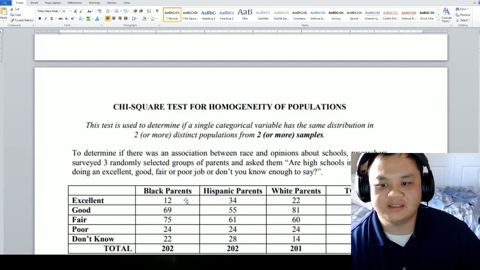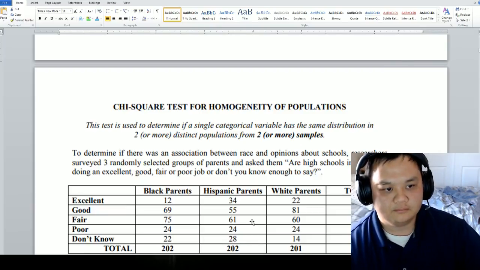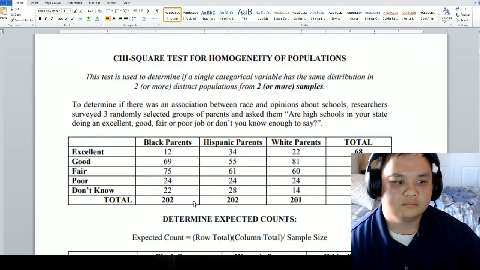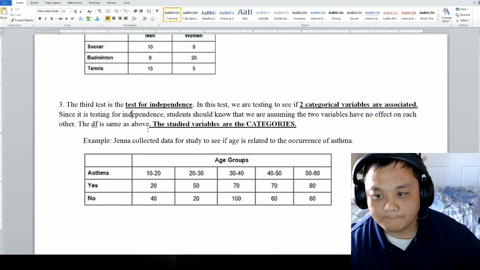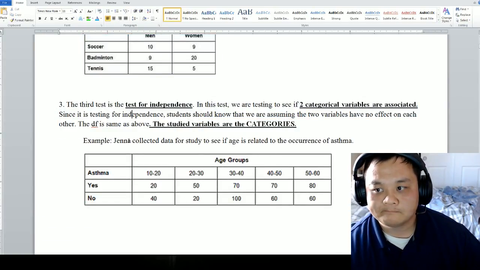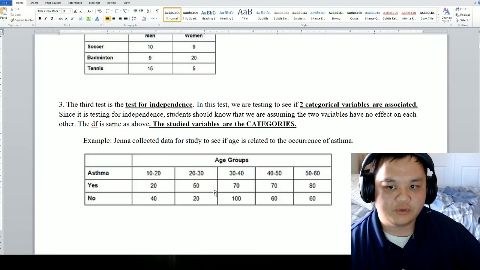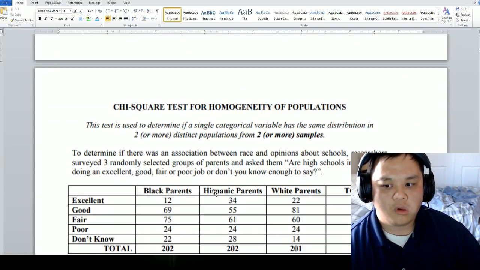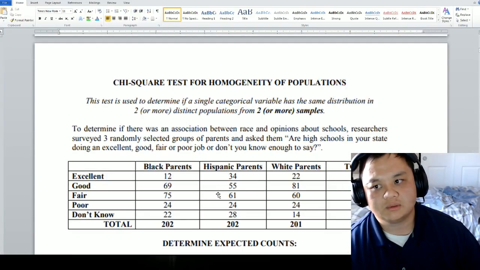You're basically trying to see if the parents' opinions here are the same or not. Also for the test for independence, how many populations and variables are there? The definition of independence for you guys, hold on, let me.